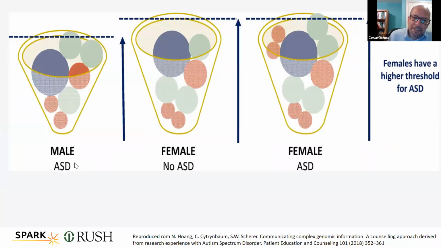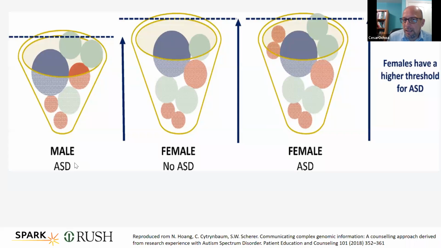So this table tries to illustrate the fact that females in autism behave differently than males as a group. Because there are some females that have a similar presentation to males, but most females tend to have a milder presentation of autism, and it's a little harder to identify sometimes when females have autism because they somehow compensate better.